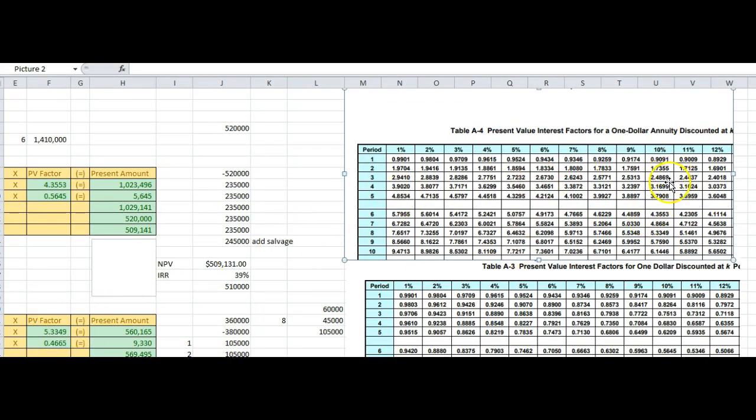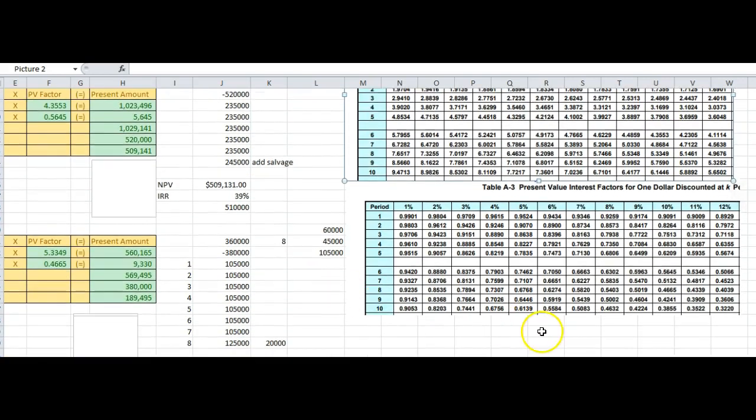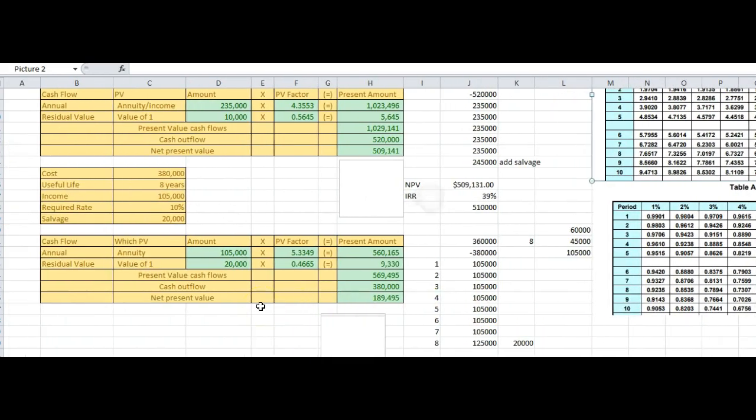So you can see that right here, 5.349. And my salvage at 8 years at 10% is, it's right here, 8. You see this? So it's 4.4665. So I've got my numbers.